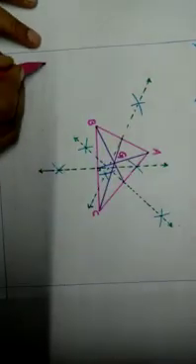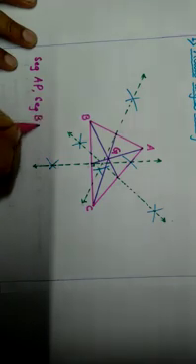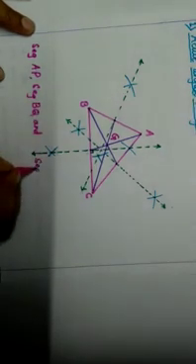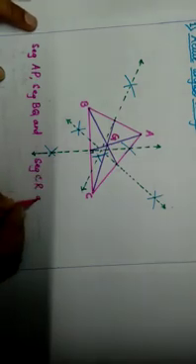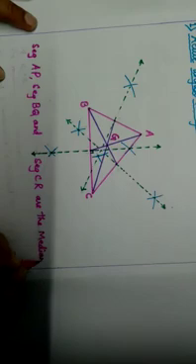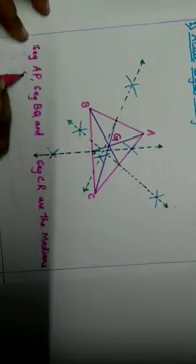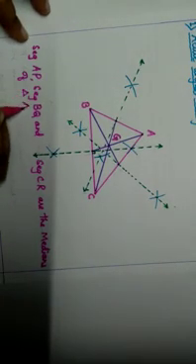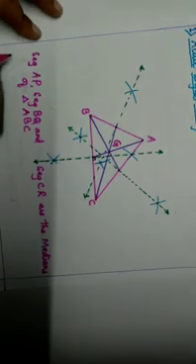Understood? So let us write the answer now. Which are the three segments? Segments AP, BQ and CR are the medians of triangle ABC.